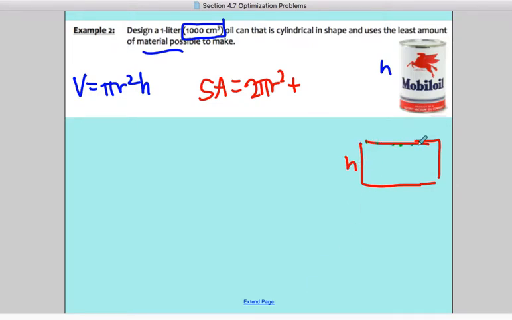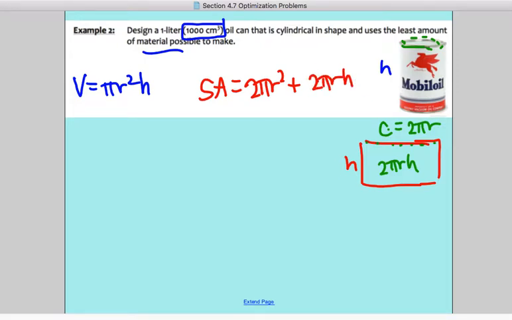This top piece here was really just the distance around here, which is circumference. Circumference is diameter times pi, but I'm going to keep it all in terms of radius, so I'm going to say it's 2 pi r, because 2 times r is your diameter. So then your surface area of this would be 2 pi r times h. Okay, so 2 pi r times h.